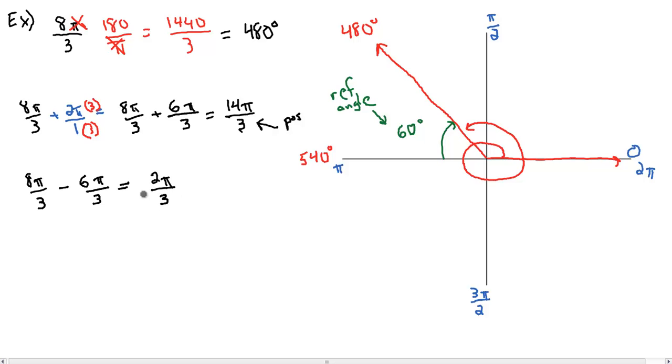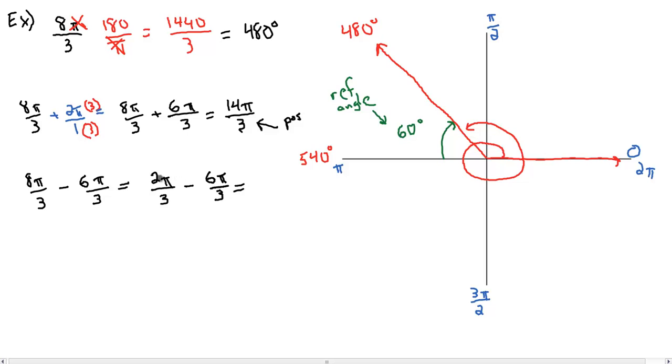Okay. Now we wanted a negative coterminal angle, so we actually have to subtract one more time. Let's again keep our fraction that had a denominator of 3 like this. So we subtract 6 pi over 3.